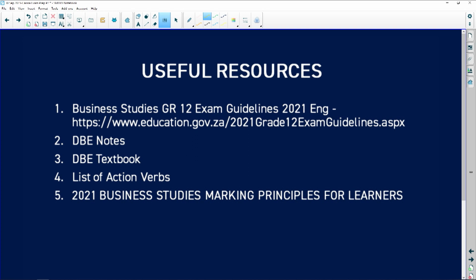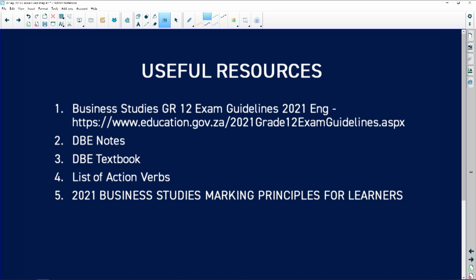One section is for languages and the other one is for non-languages, and business studies will be under the non-languages section. I hope that you have been either using the departmental post-COVID notes or that you are using the departmental textbook, both of which contain the relevant content which you need to write this exam about.